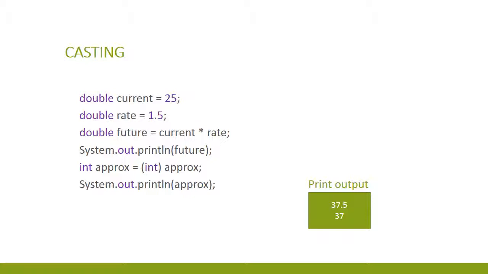Integer approx equals approx. System.out.println variable approx. This program outputs 37.5 and the second code 37.